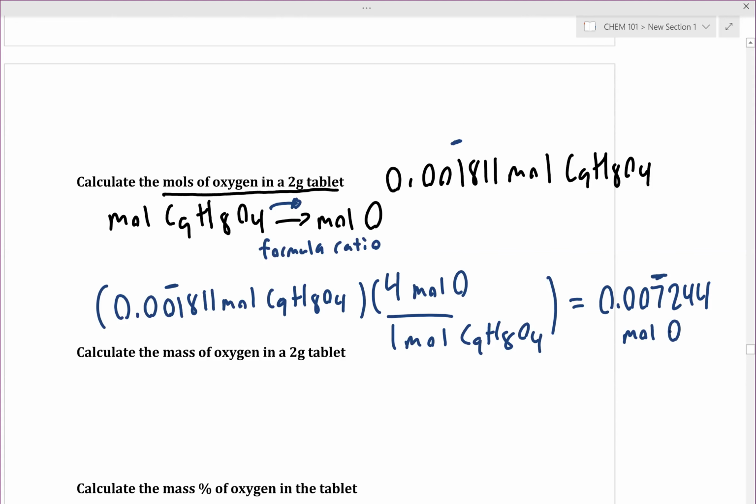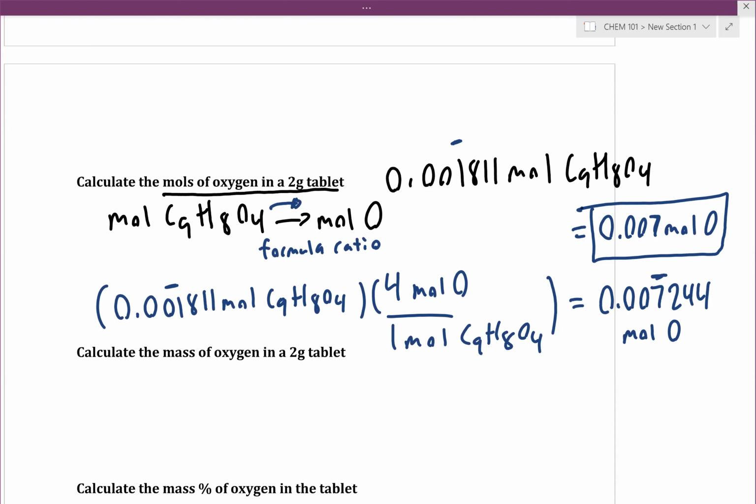You're welcome to report your answer in bar notation if you're carrying it through multiple steps. But if we had to round this, this would be 0.007 moles of oxygen. So this is how we'd report our final answer. Does that make sense? Is everyone able to see this in the back okay? Okay, perfect.